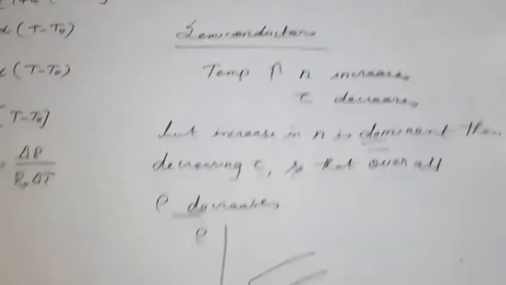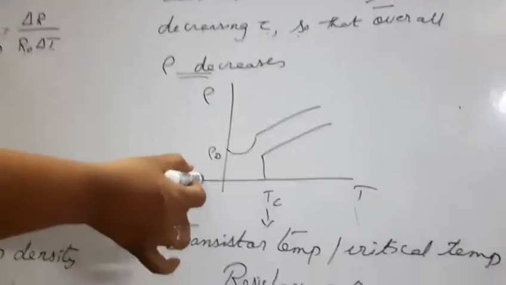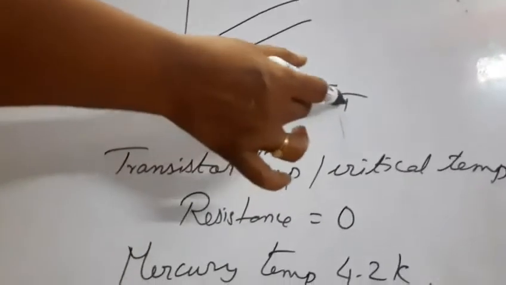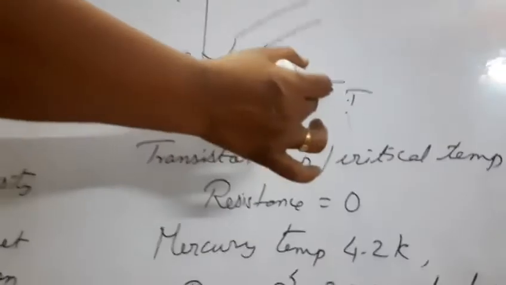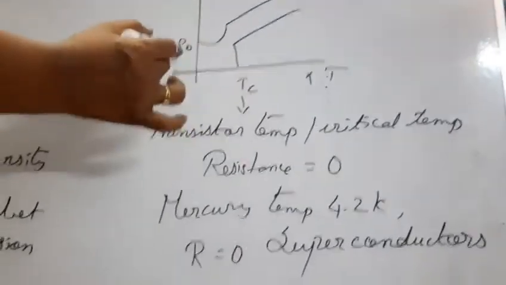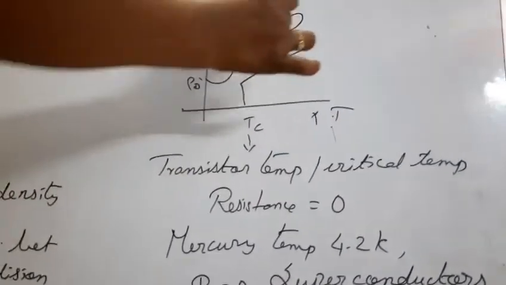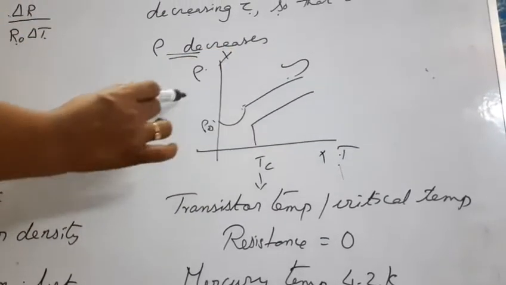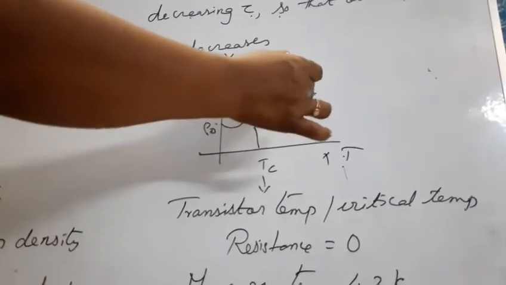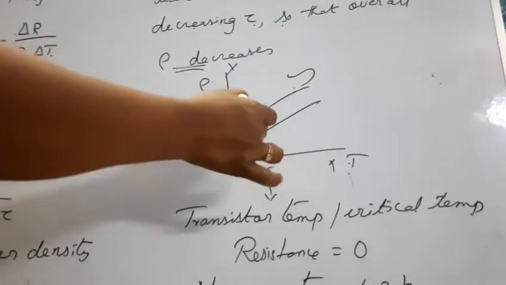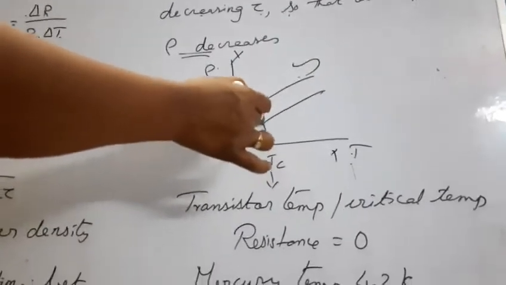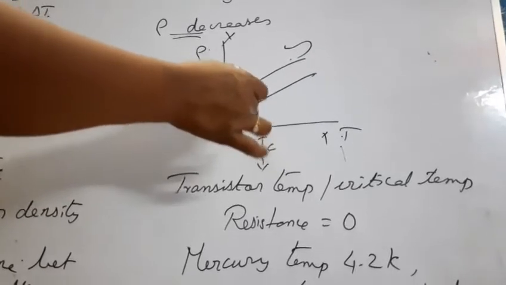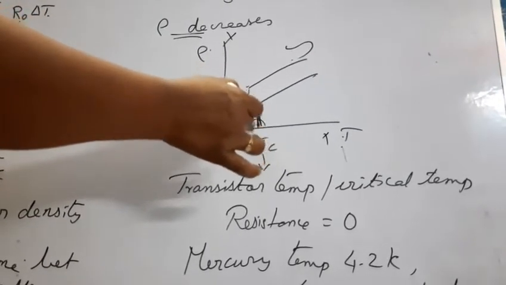And suppose we take a graph, with the T value and the rho value as usual. This is the rho naught value, with non-linear motion, and afterwards there is linear motion. But as the temperature reaches a high value, afterwards the resistivity decreases.